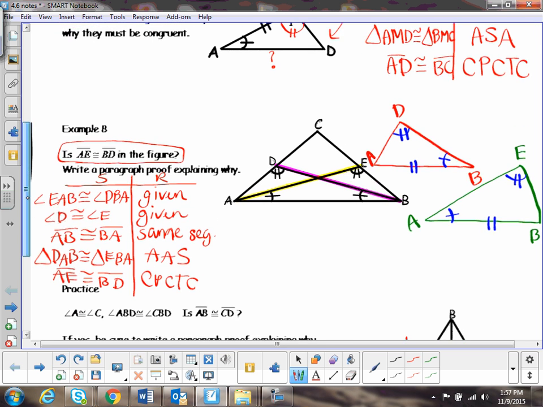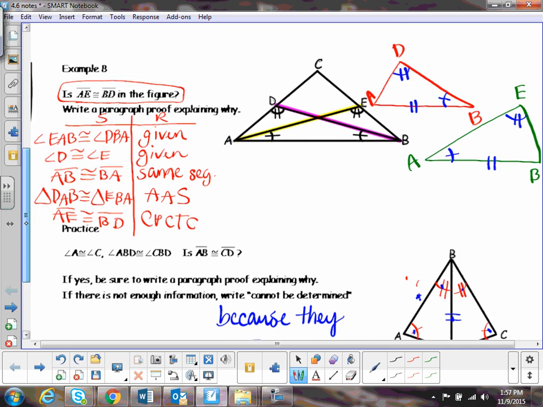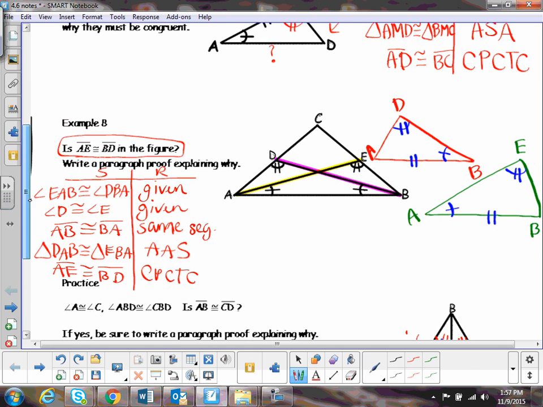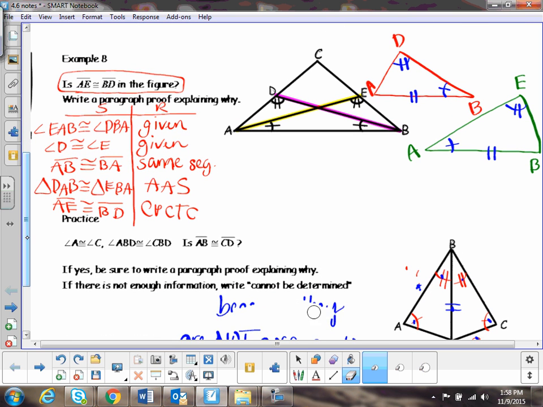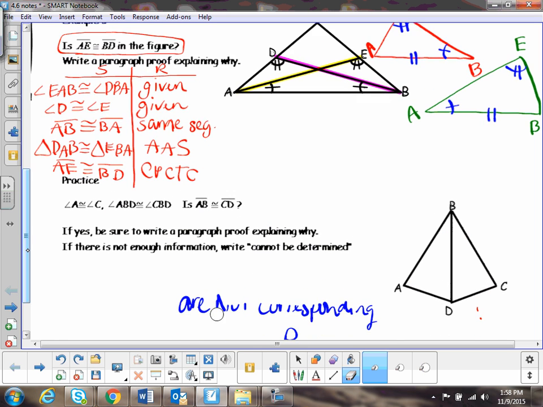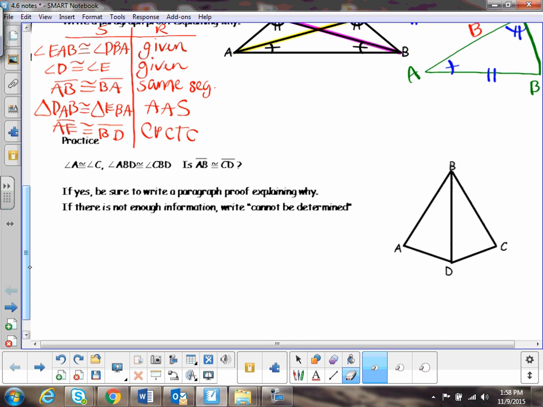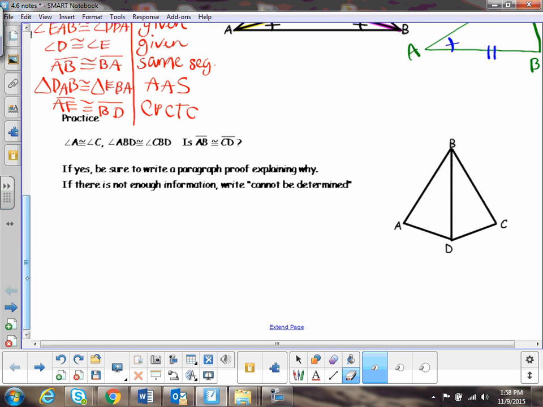Alright, last one. Let's mark on the picture what they gave us.